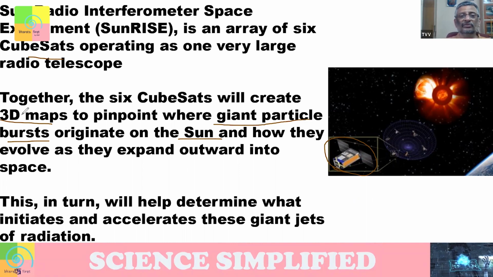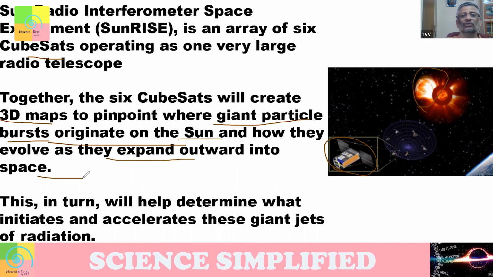Because you can continuously watch the sun using this kind of 3D map, wherever an eruption on the sun happens, you can pinpoint the origination and then how they expand toward outer space, how this sun explosion is expanding outside.